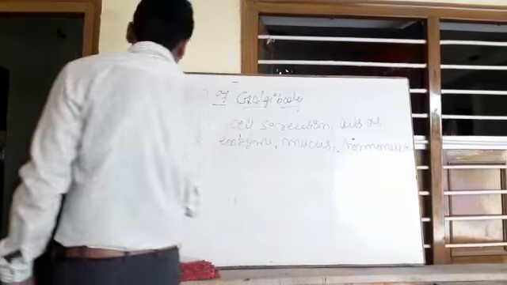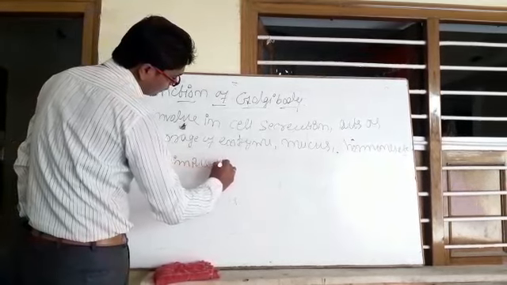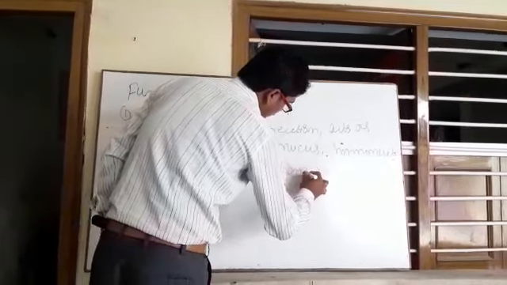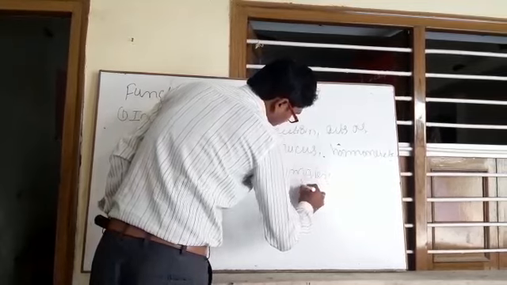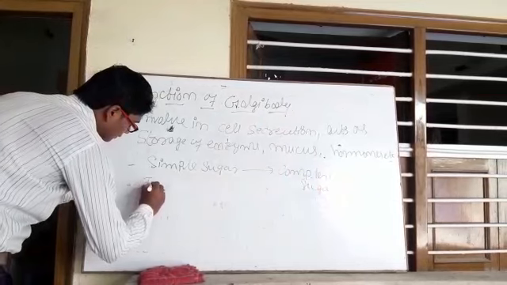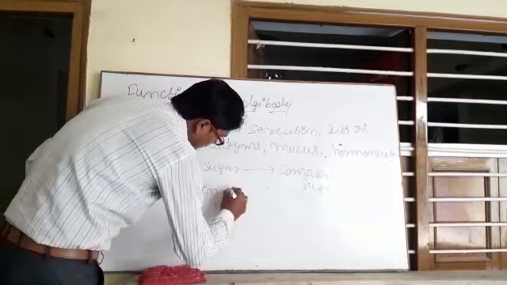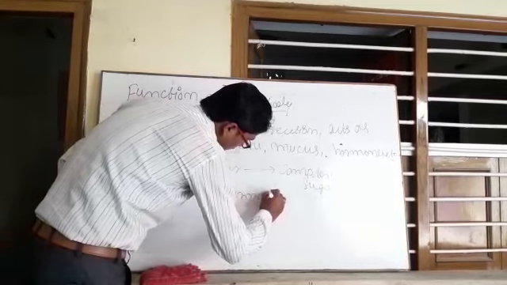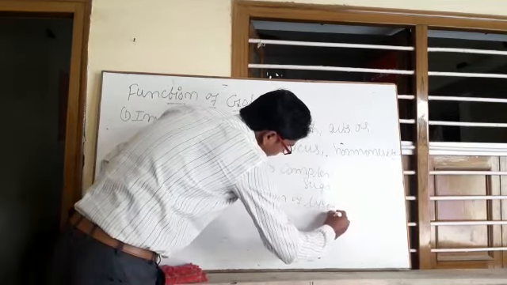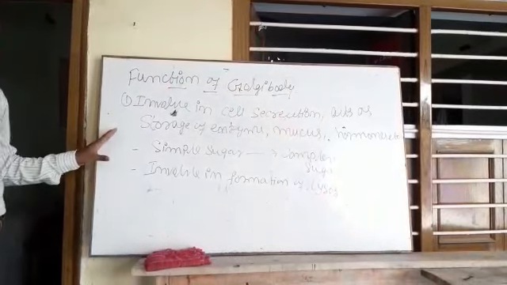It converts simple sugar to complex sugar. Involved in formation of lysosome. These are three functions of Golgi body.